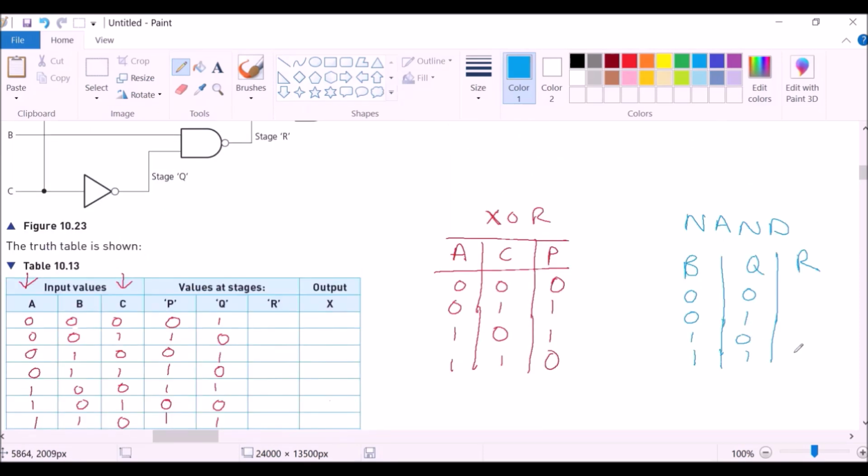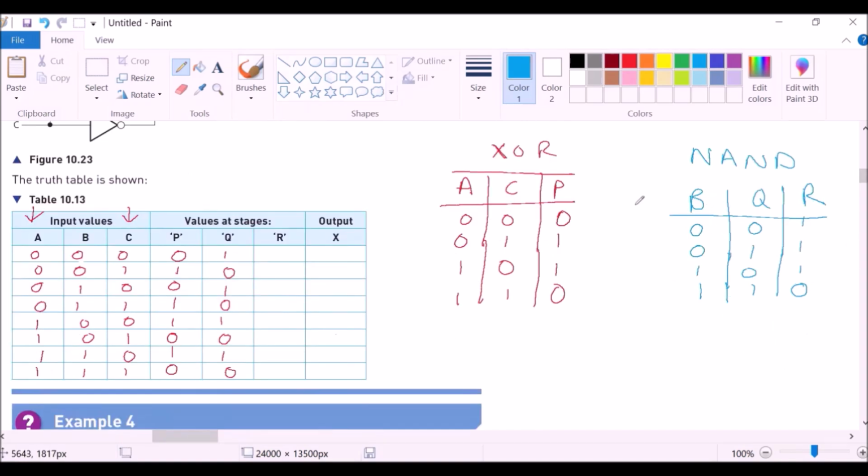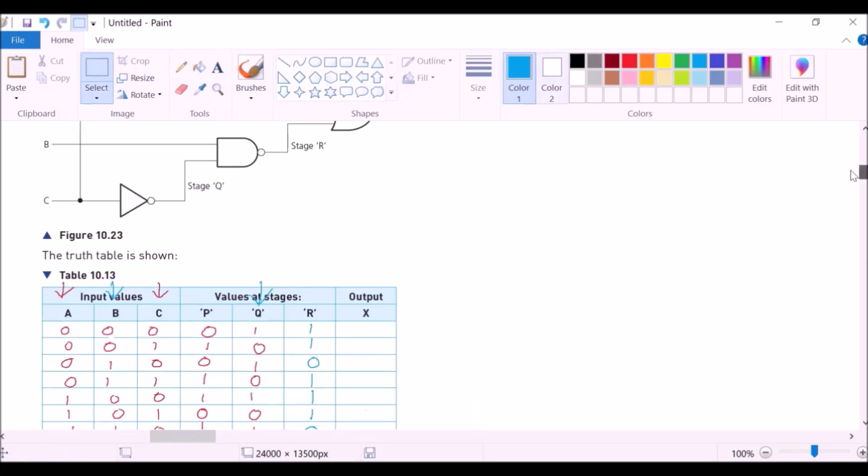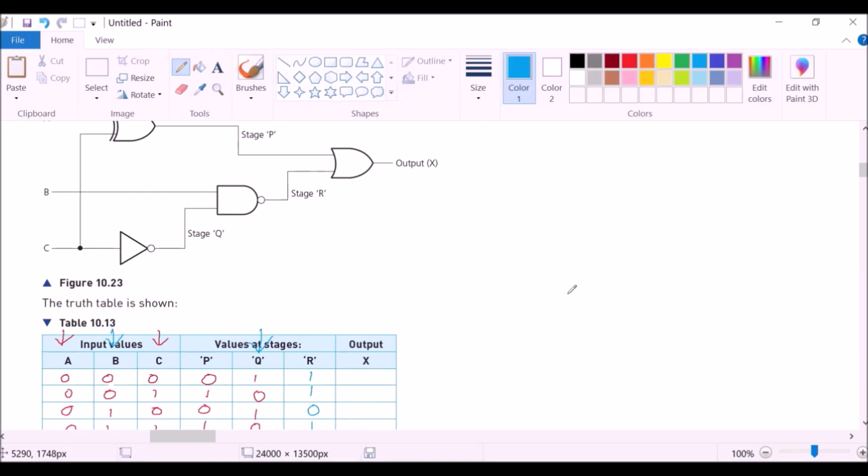The NAND gate has output 0 when both inputs are 1, otherwise it will have a 1. So we use that logic using B and Q.